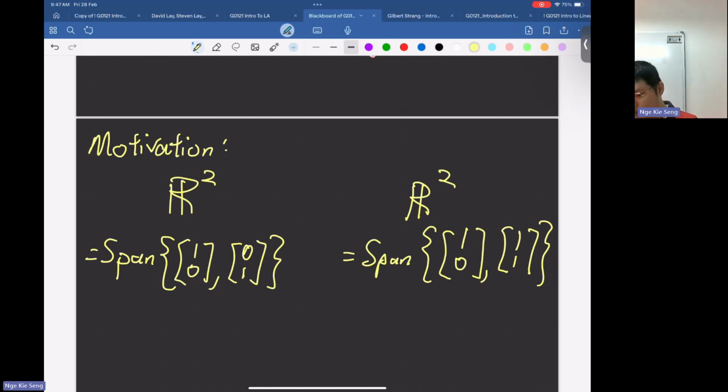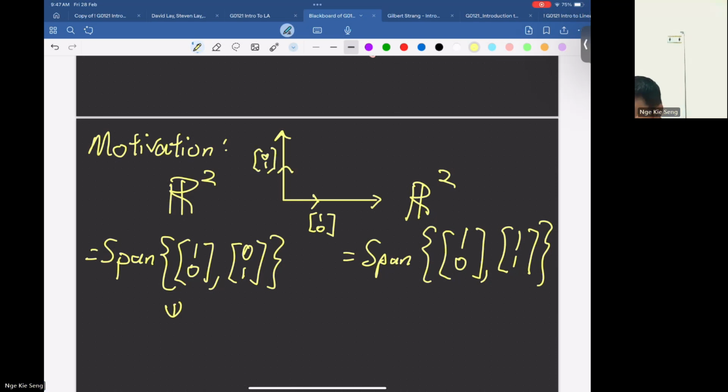Let's say we have an element in R2. Let's draw some picture here, because linear algebra is nice with pictures. Let's say this is (1,0) and (0,1) here.